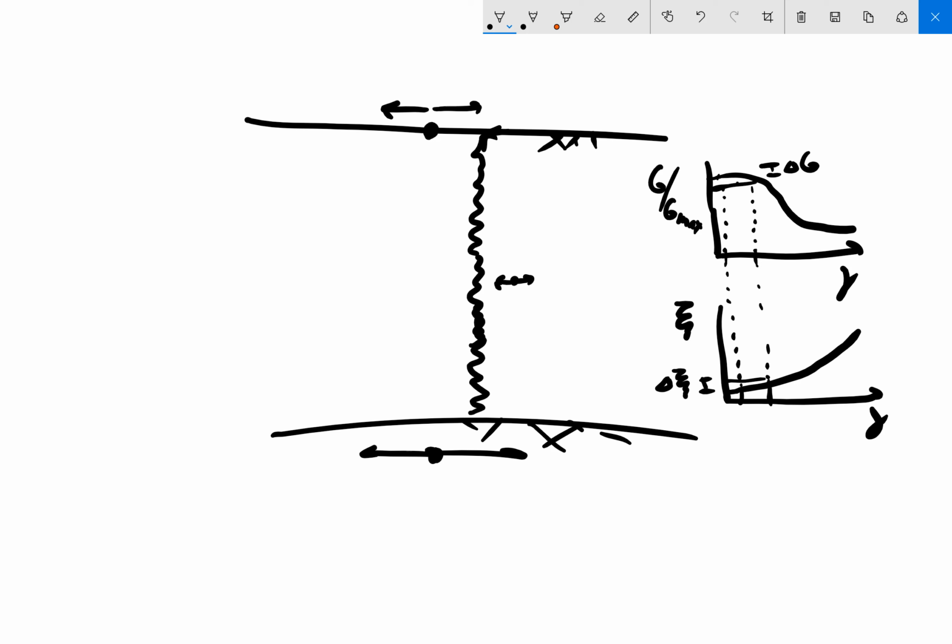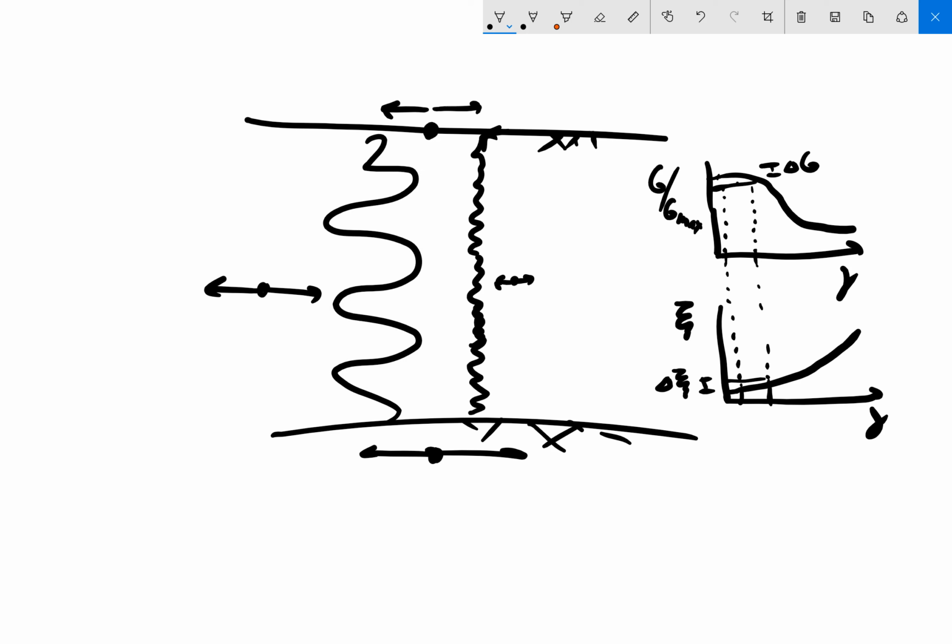But if I come in and instead shake it with a big motion, and I'm going to get some really big shear strains in the soil, well, just think what we're doing, right? If I apply a really big shear strain to the soil, now all of a sudden I have a really big change in my shear modulus, and I have a corresponding really big change in my damping.